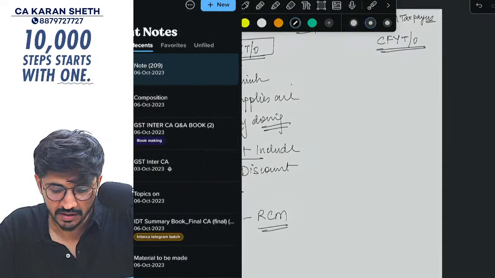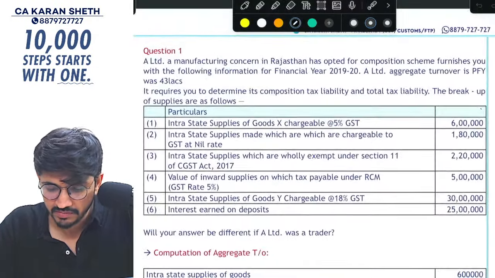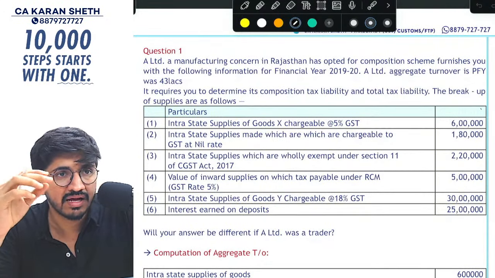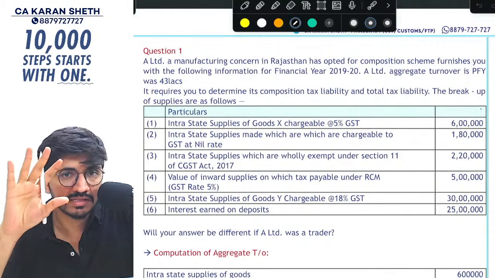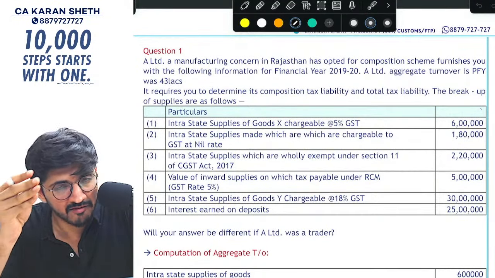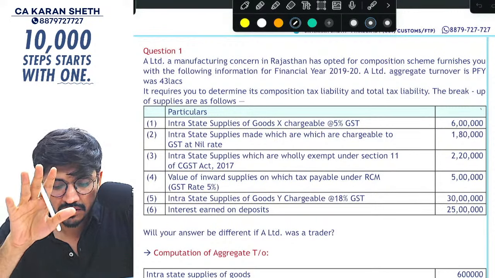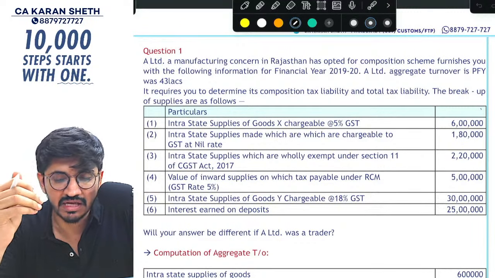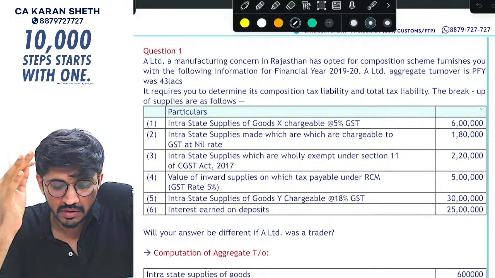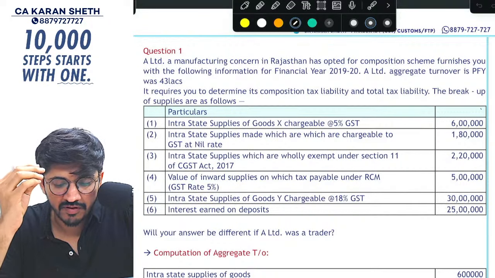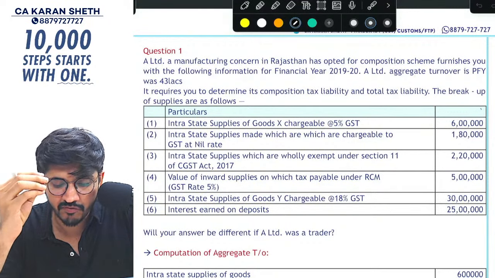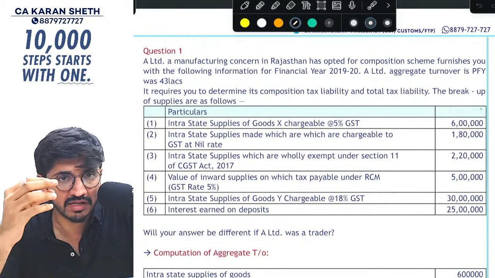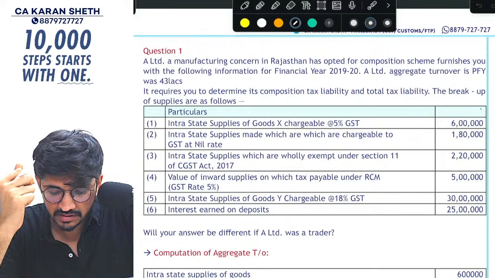That's how I have created one simple sum where all possible adjustments could have been asked. You just need to have a clear mindset. A Limited, a manufacturing concern in Rajasthan, has opted for compo scheme and furnishes the following information for financial year 19-20.